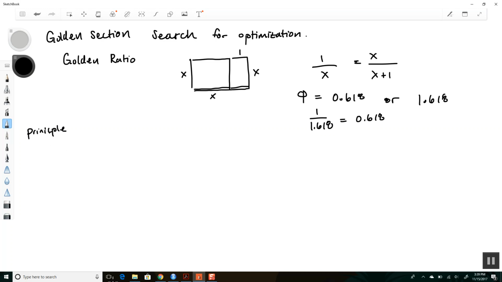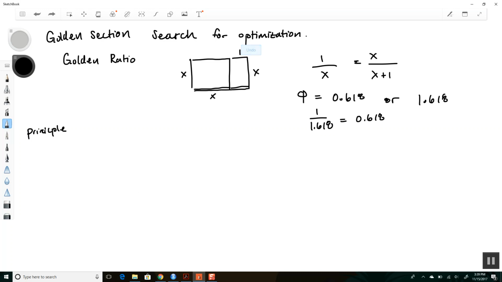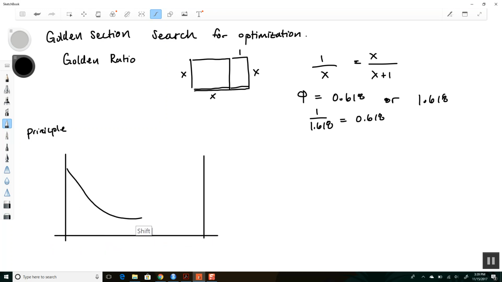is that if you have some function like this, I need to make this a little bit smoother. Okay.